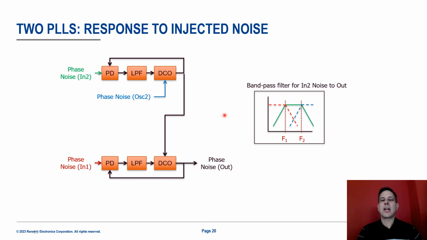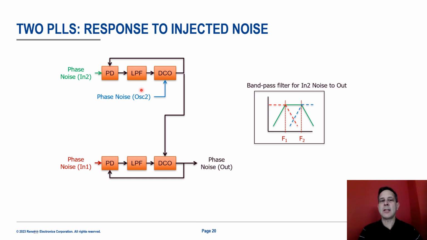If you look at the injected noise, the noise that comes in from the one clock is filtered when you look at it from the noise coming in from a second clock. So the red low pass filter will pass through, but the green low pass filter is actually filtered out, so you only get an attenuated effect at the low frequencies.